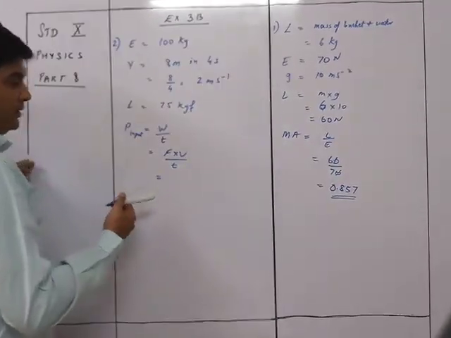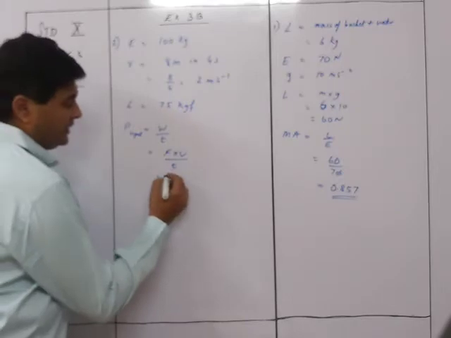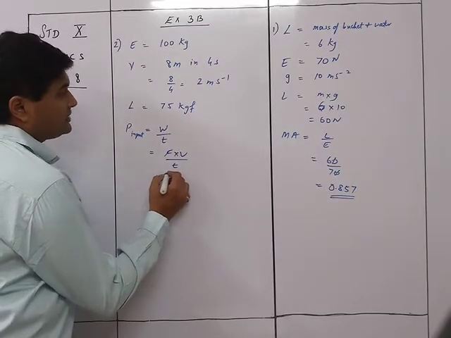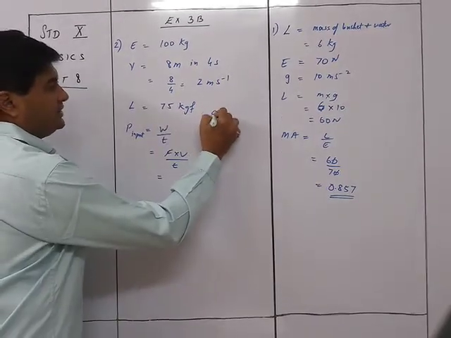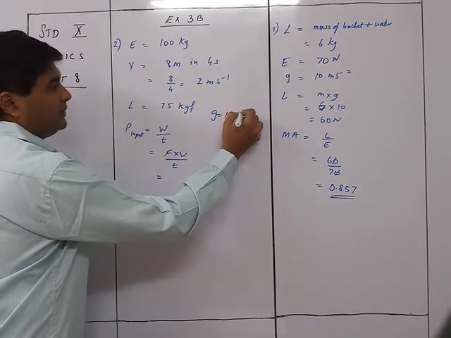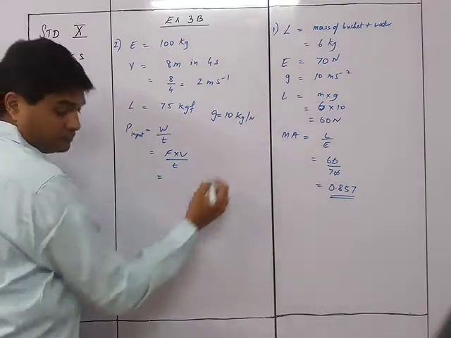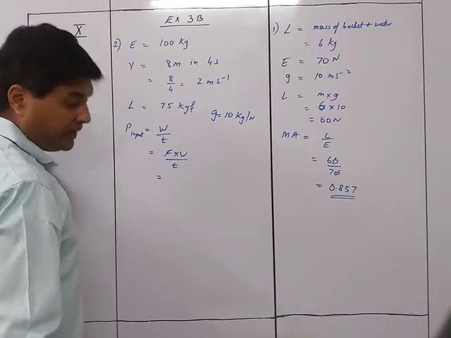So F into V. So that will be giving us the formula, where F is nothing but effort into G. So G is given as 10. G is equal to 10 Newton per kg. Okay.